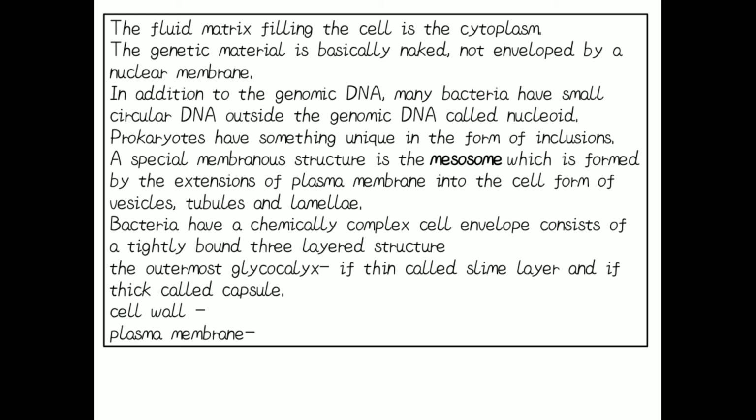Then, along with genomic DNA, as I said earlier, the bacterial cell also accommodates a circular form of DNA, that is extra chromosomal material, which we can call a plasmid. And the genetic material which is present inside the bacterial cell is known as nucleoid.